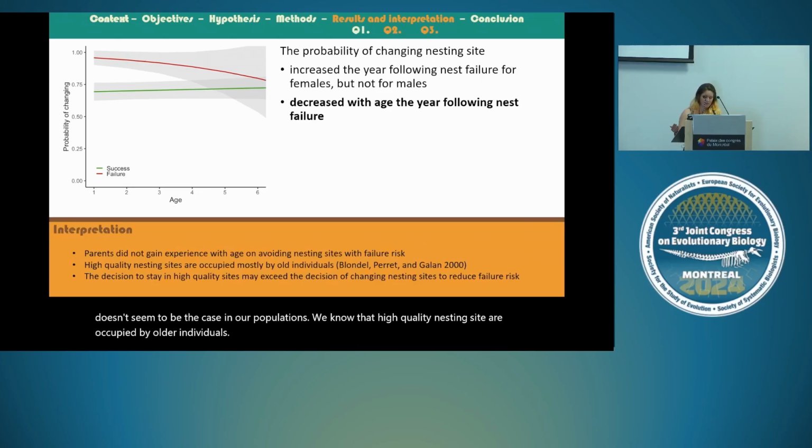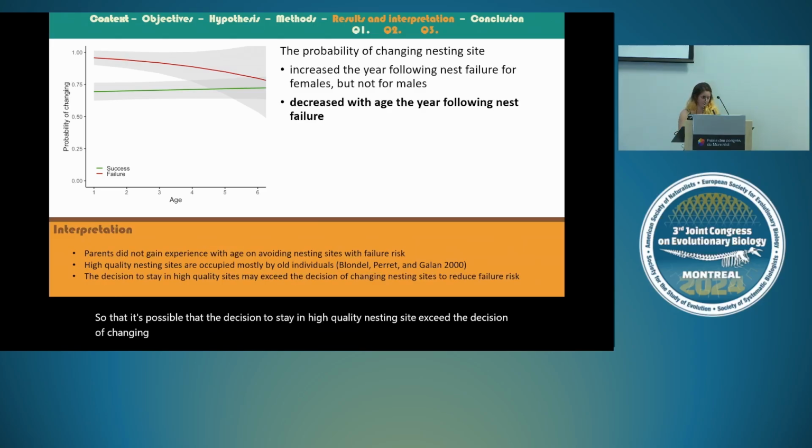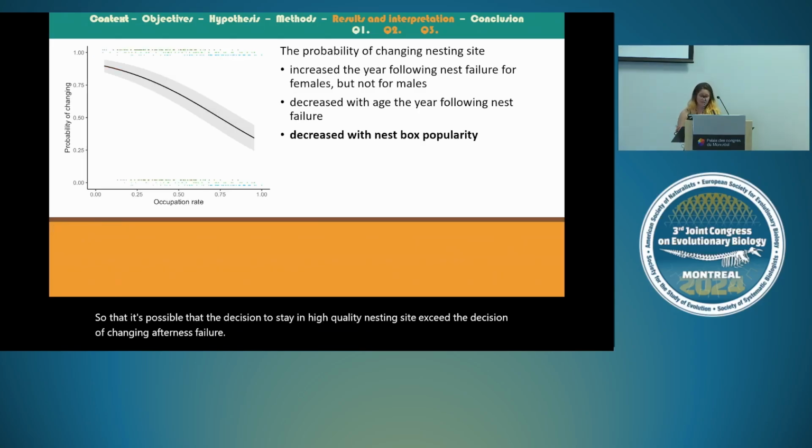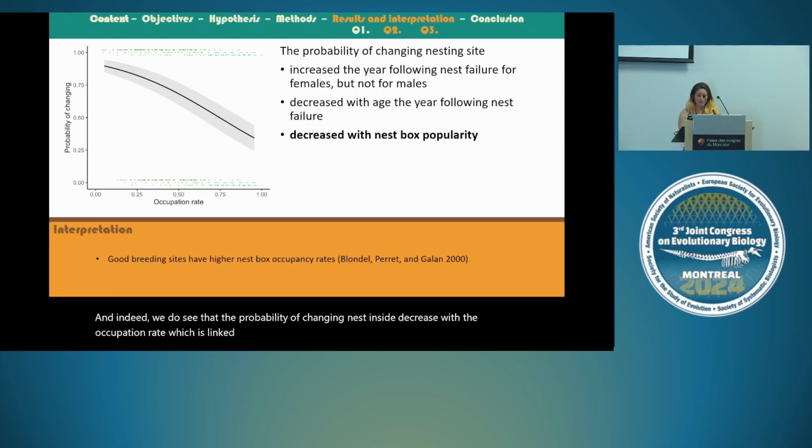So it's possible that the decision to stay in a high-quality nesting site exceeds the decision of changing after a nest failure. And indeed, we do see that the probability of changing nesting site decreases with the occupation rate, which is linked to site quality.